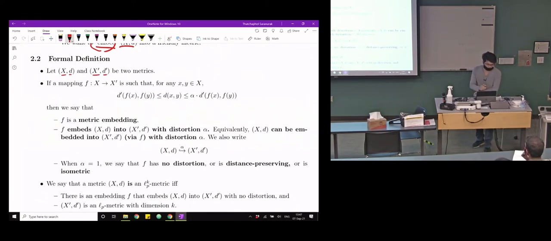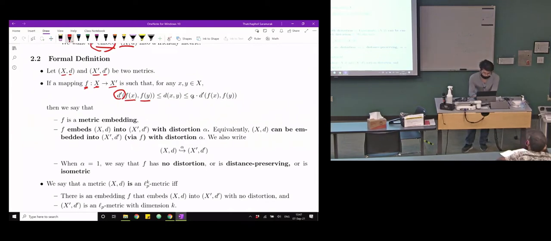And I have a mapping that maps each point in X to some point in X prime, such that after I map, the distance in d prime is approximately the same as the distance before I map.